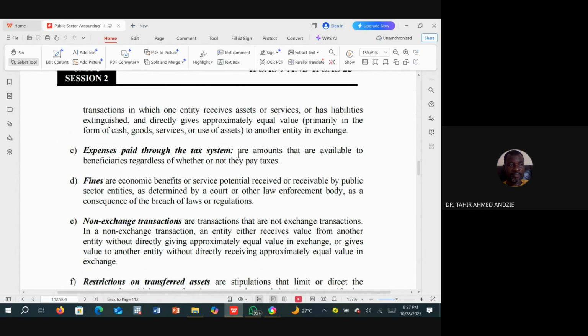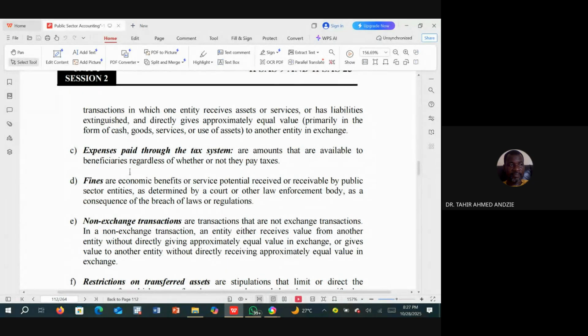Now, expenses paid through the tax system. This is an example of non-exchange transaction. These are the amounts that are available to beneficiaries, and the beneficiaries here may be the government institutions, regardless of whether or not they pay taxes.